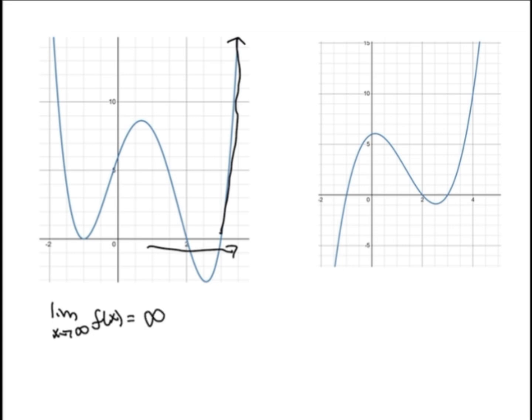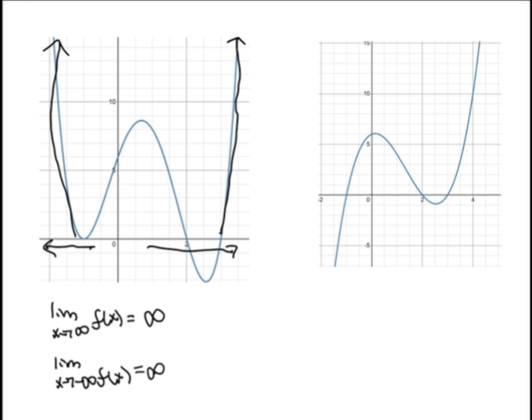Next, for the other side, limit as x approaches negative infinity, f of x equals, we can see as x gets infinitely big on the negative side, f of x also gets infinitely big, so this also equals infinity. And based on these limit statements, we can conclude that this graph is of an even degree polynomial.